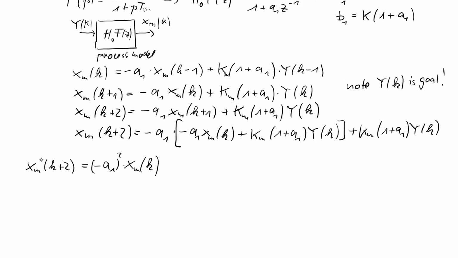And then what else? Minus a1 times this, a1 times km1 plus a1, and I extract now the y of k. So I make parentheses, say plus, and I have a minus a1 times km1 plus a1, y of k, plus km1 plus a1 y of k.